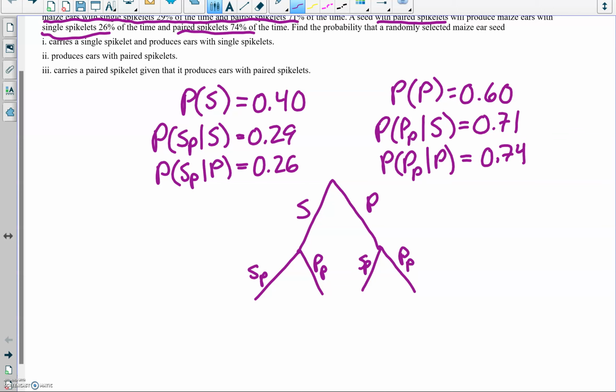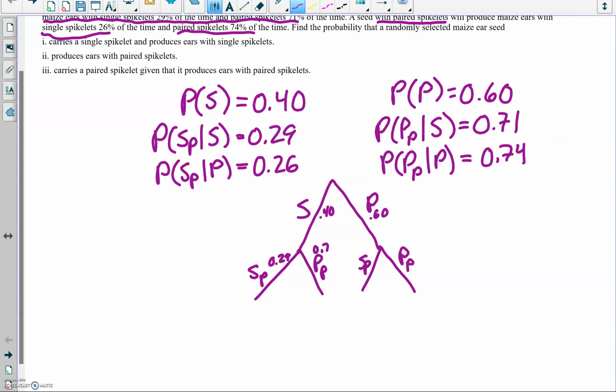And what we have here is these probabilities kind of lining up. We got the 0.40 here, we got the 0.60 here on this branch, and then being a single producer, given that it came from the single, we got this 0.29 here. And then the paired producer would be the 0.71.